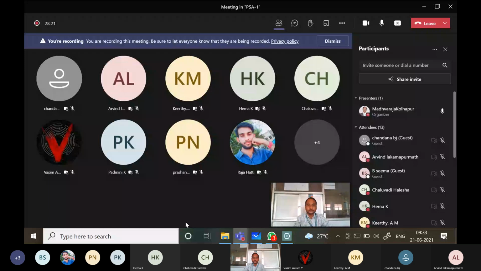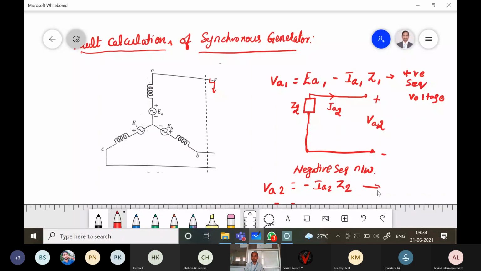So negative sequence network. VA2, you got the equation, right? So this is equation number 2, and this is equation number 1. The positive sequence voltage, and this is called the negative sequence voltage. Similarly, how will we write the zero sequence network?